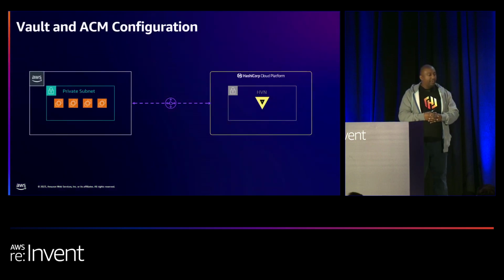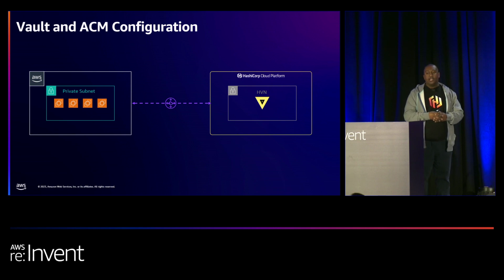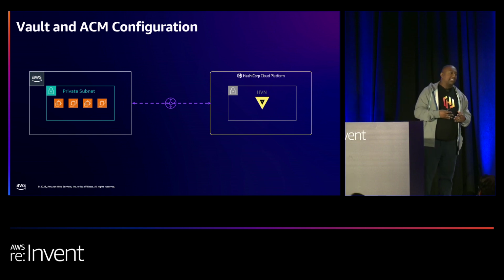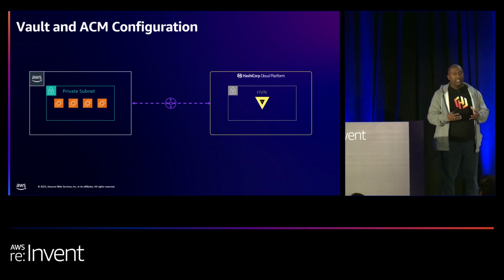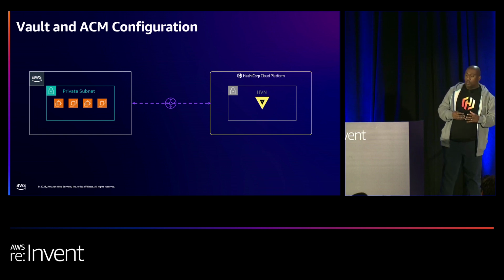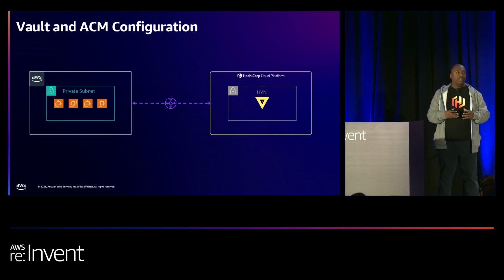So at a high level, we are going to be using something we call HashiCorp Cloud Platform. Now, HashiCorp Cloud Platform is Vault as a managed service, amongst other services as well. But in this case, we're talking specifically about Vault, right? And in order for that to work, we have what we call a HashiCorp virtual network.